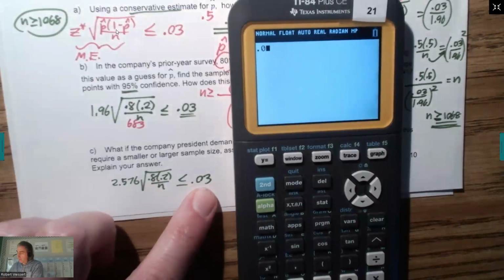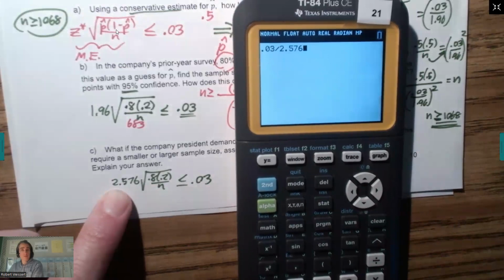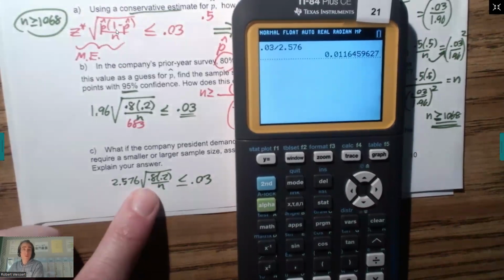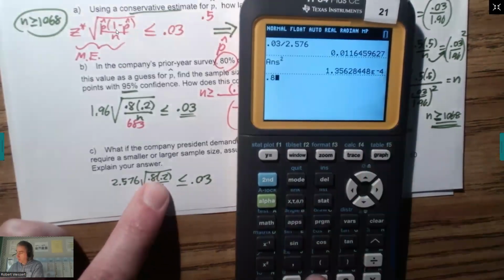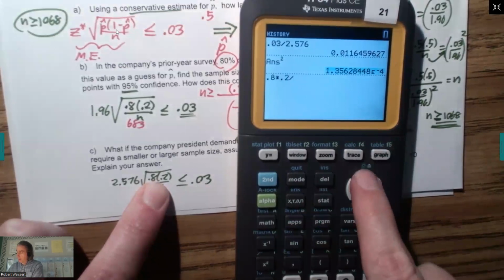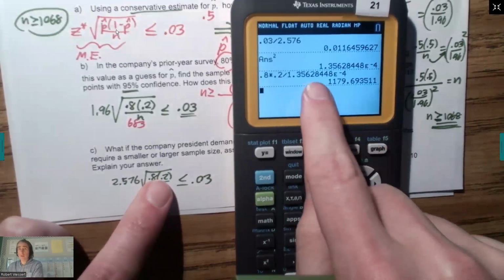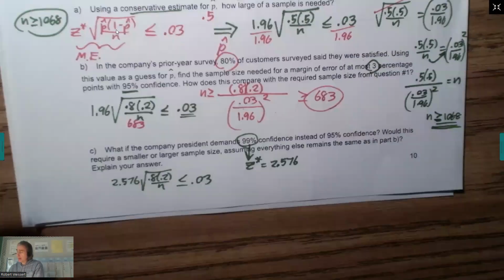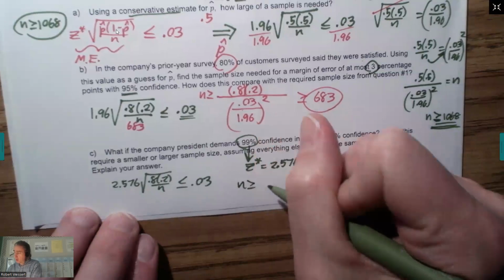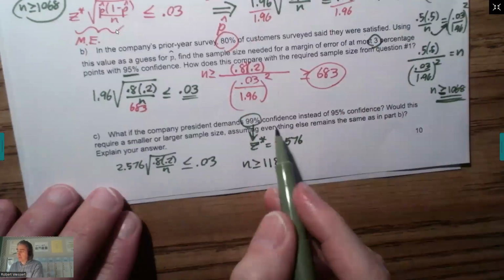We're going to do 0.03 divided by 2.576, press enter and store that number. We're going to undo the square root, so we're going to hit square. And then we're going to take our proportions, so 0.8 times 0.2 divided by that number. And notice that our sample size went to 1,079.69. So n would have to be at least 1,080 to be 99% confident.